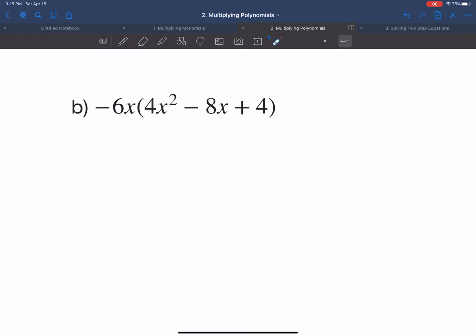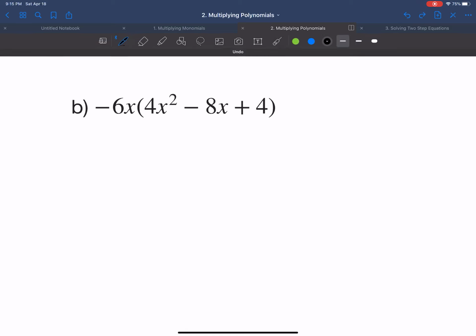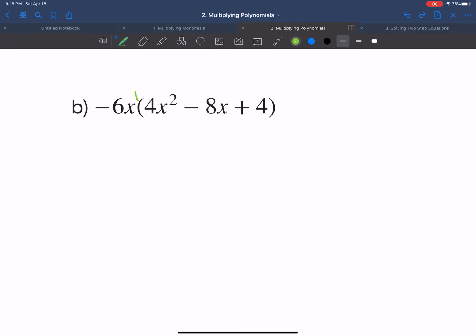So B, -6x times all of these things, all 3. So that whole thing times that whole thing. Equal sign. -6 times 4 is -24.